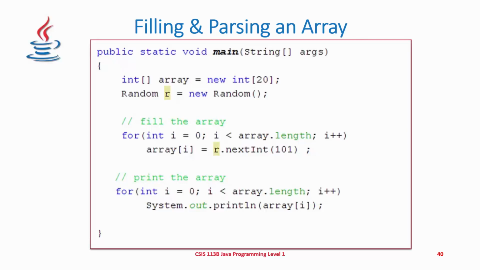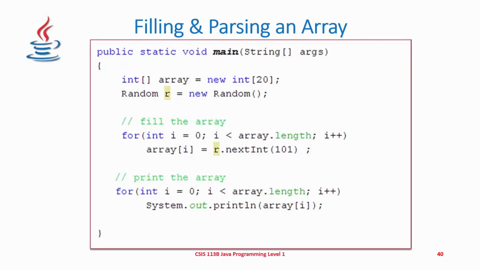So in the for loop, again, we're using i less than array dot length, because length is the property that defines how many elements are in the array. As long as we use that less than operator, we'll be good. And so as we go through the for loop, you can see that array and then in square brackets i, so whatever the current value of i is will be the current index that we're targeting when we assign the random number using the nextInt method there on the right.